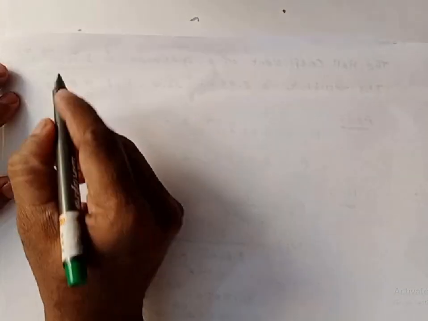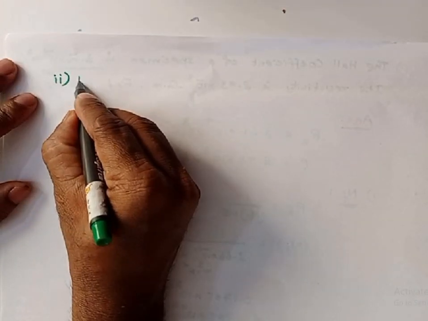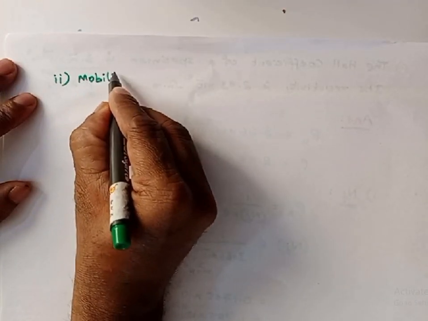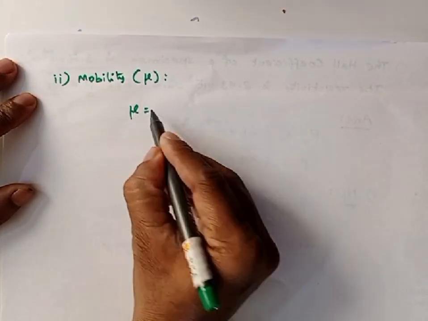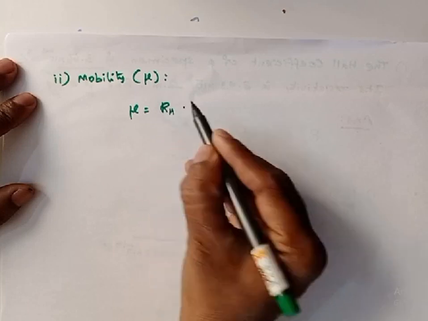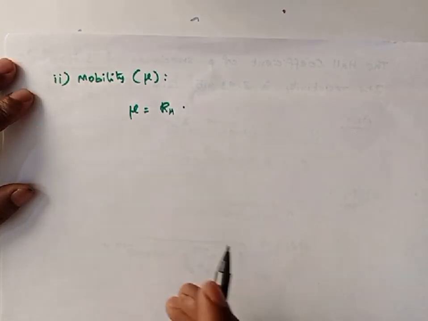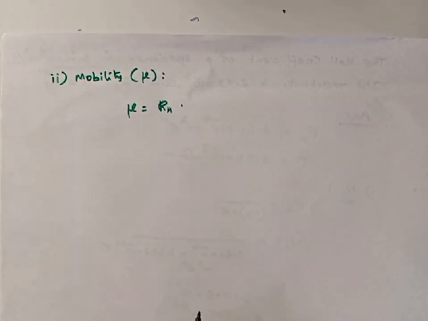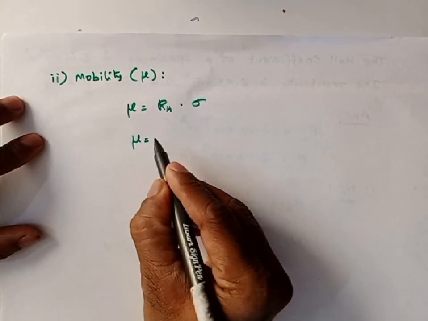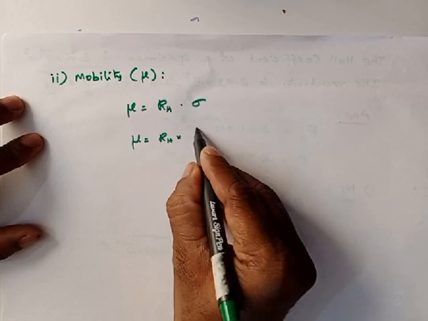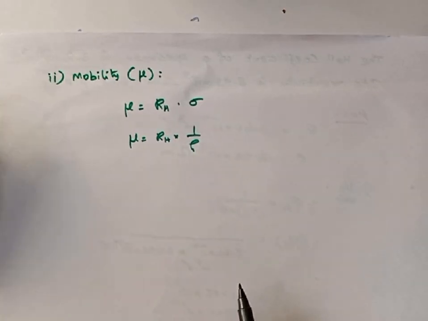So number 2, mobility. The formula expression is mu, and you know very well mu is equal to RH into sigma. Or I can also write mu is equal to RH into 1 by rho, which is nothing but sigma.